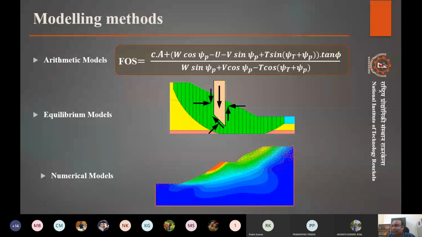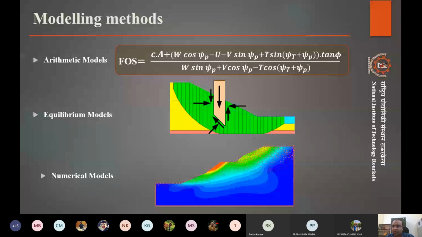Numerical model basically defines anything that is based on certain physical equations, like a heat flow condition, water flow, or a fluid flow condition, or a structural problem that has stresses and strains involved, like in our slope stability case. It can be an electrical flow condition. Any physical phenomena that is represented by equations can be converted into numerical models.